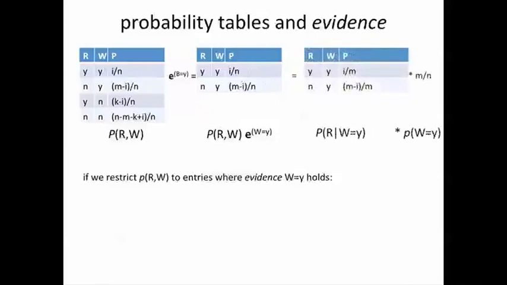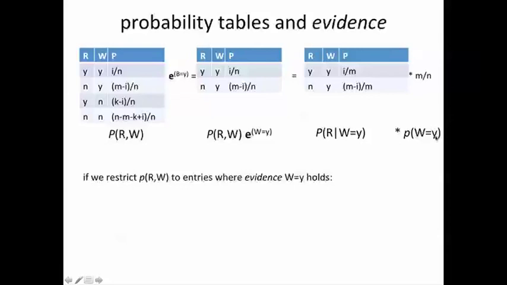If we once again expand this restricted table using Bayes' rule, which is just a subset of what we had earlier, we get the probability of R given W equals yes, which is just a restriction of the overall probability of R given W, times the probability that W equals yes.